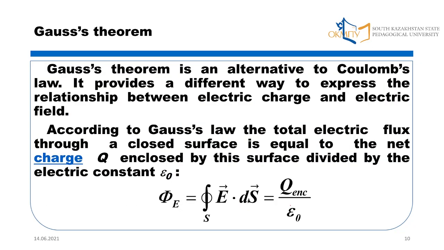Gauss theorem. Gauss theorem is an alternative to Coulomb's law. It provides a different way to express the relationship between the electric charge and electric field.